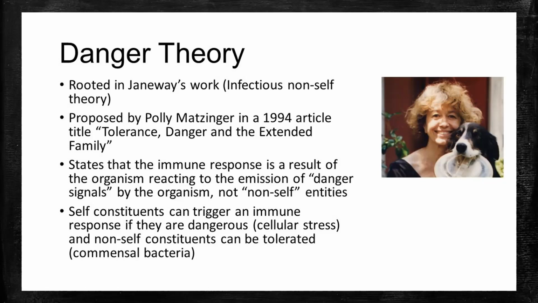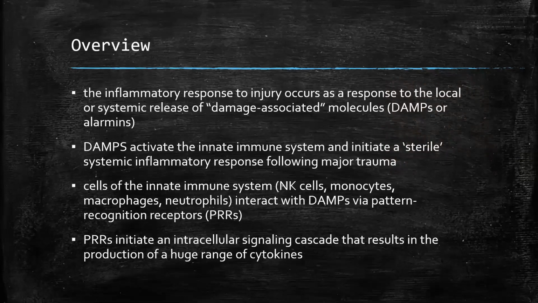The overall idea here is that in an injured patient, the inflammatory response that we see occurs as a result of what we'll call DAMPs, or damage-associated molecules, being released into the local environment.